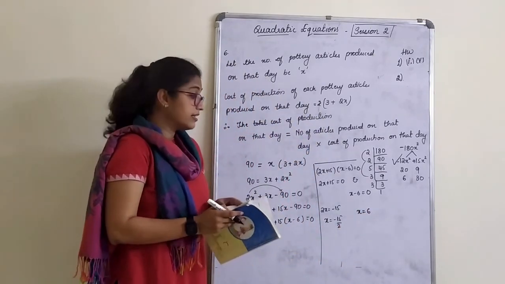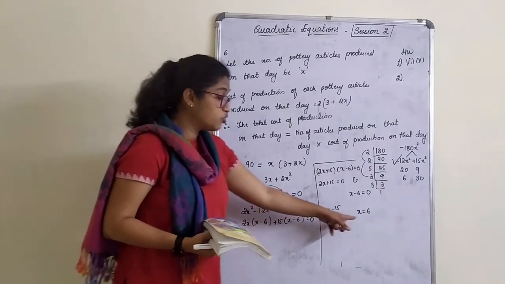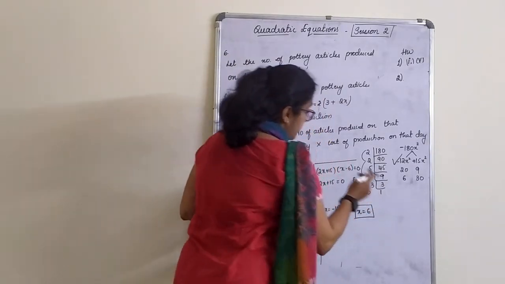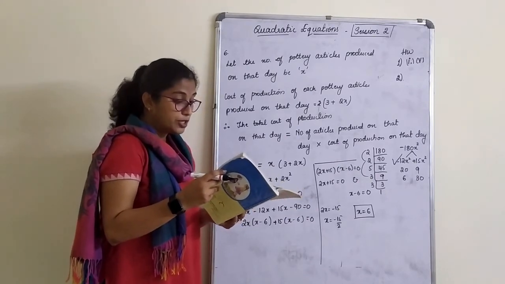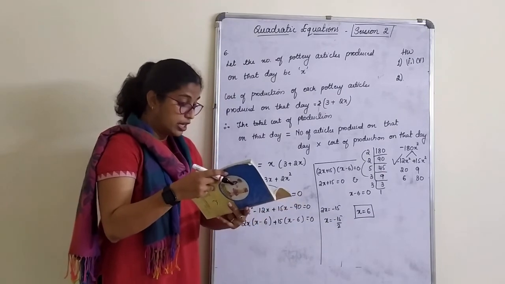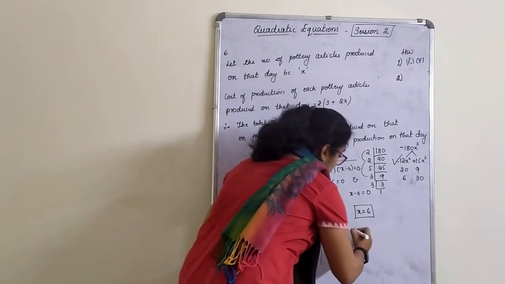Now we can't say that number of articles produced on that day was minus 15 by 2, right? So it has to be 6. It should be a whole number. Give the conclusion. What will be the conclusion? Therefore, the number of articles produced on that day were 6. That should be the conclusion. And cost of each article you have to find. How do we find that?